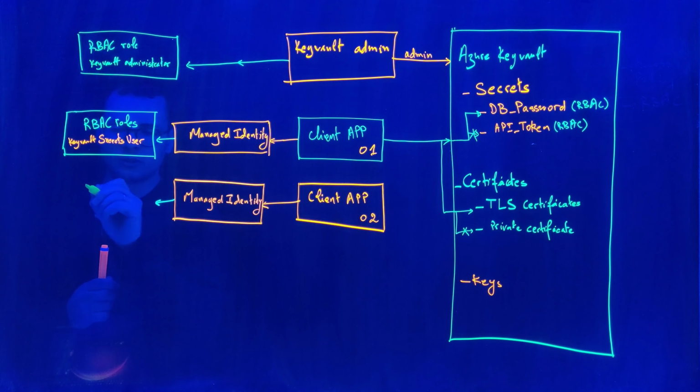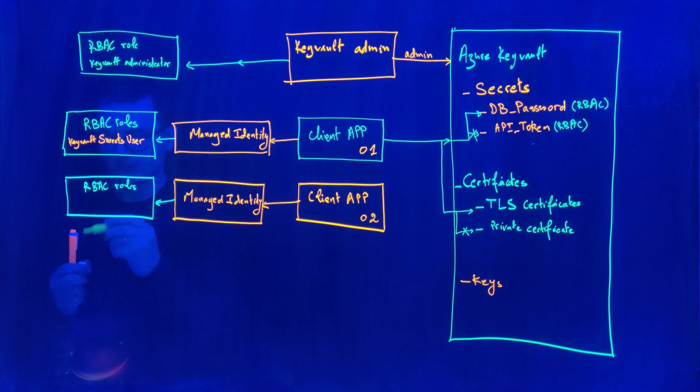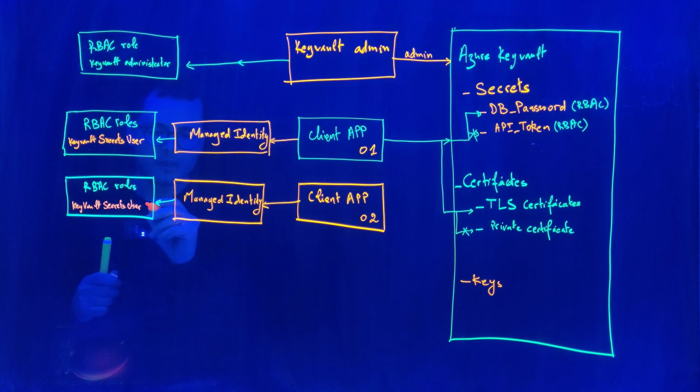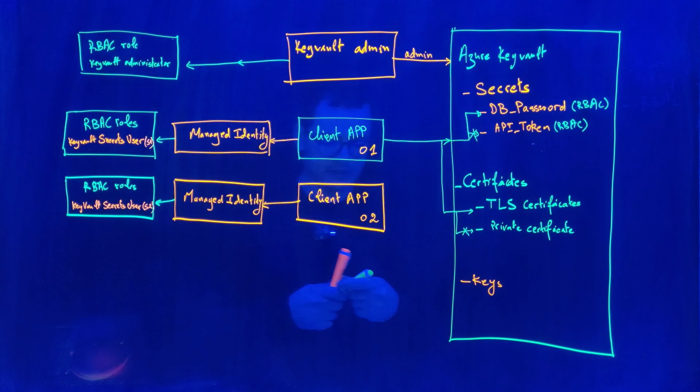So here we would define another set of RBAC roles. That's going to be again the Key Vault Secrets User, for example. But in this case, this one is going to be for secret number 2, let's say S2, and this one for S1, for example. And that will give it access to those specific secrets.